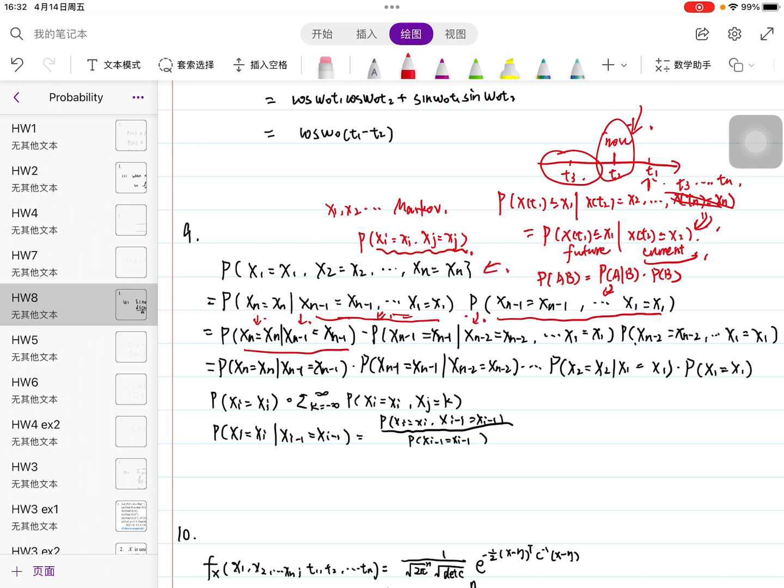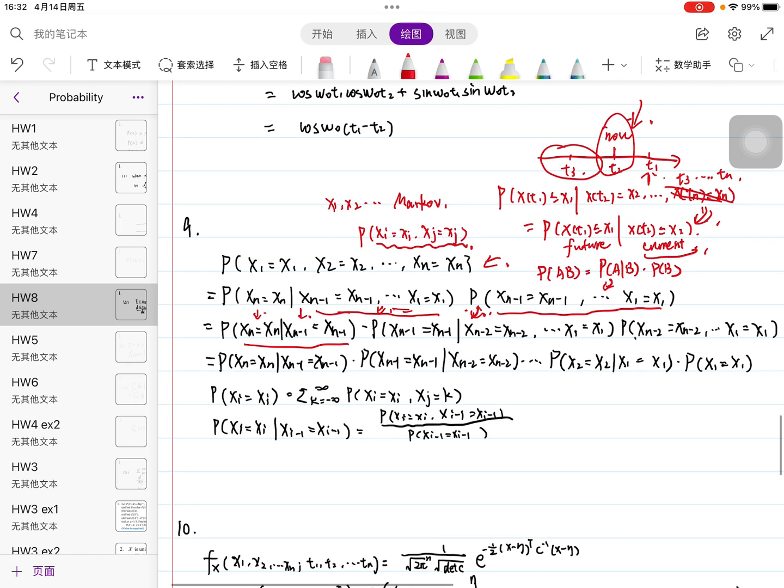And we also write this second term as a conditional probability. It is the same as the previous step, right? And also we could write it as this probability based on the Markov characteristic.